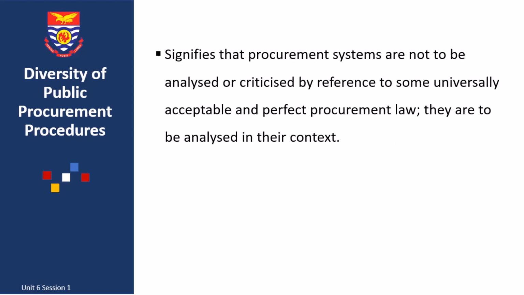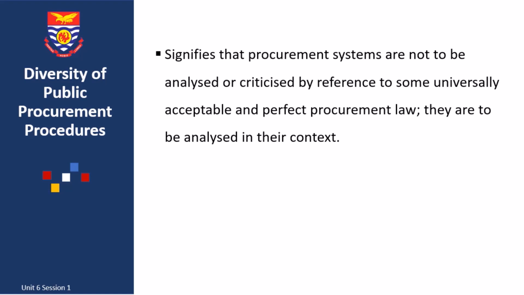So for public procurement systems, one key thing that we have to note is that each country has its own peculiar procurement procedures. You cannot apply the procurement procedures in Ghana to the procurement undertaken in Nigeria or in a country in Europe, because Ghana has its own unique cultural system, its own unique set of laws, and its own jurisdiction controls that are different from those of Nigeria and any other country.